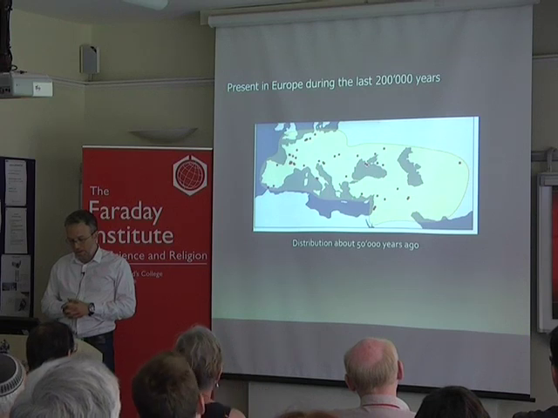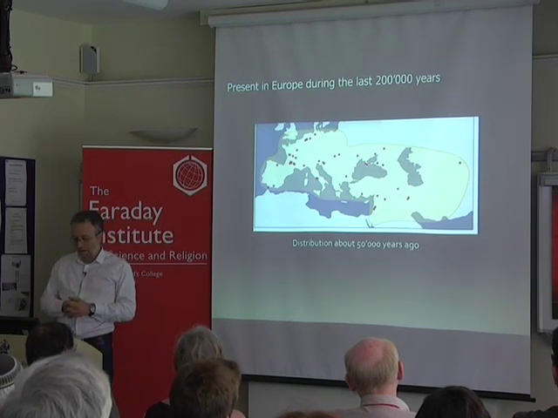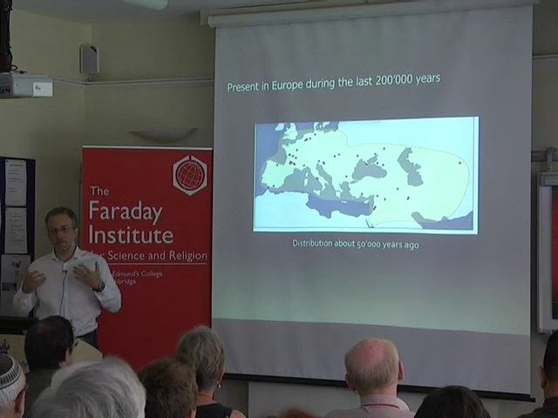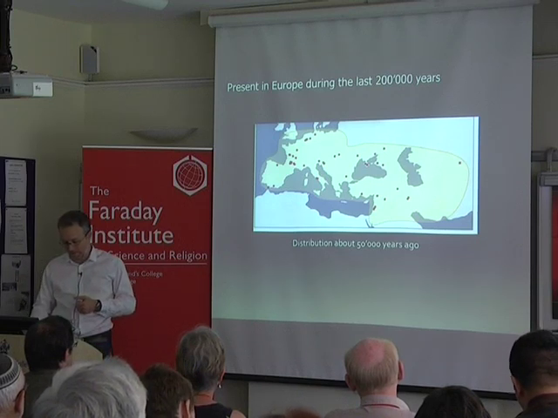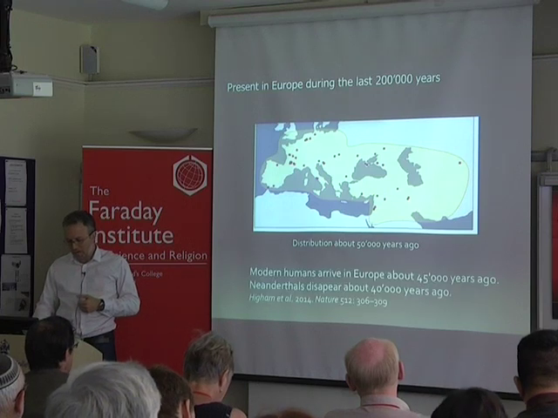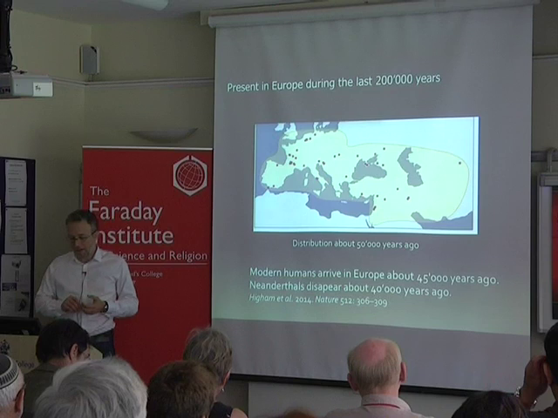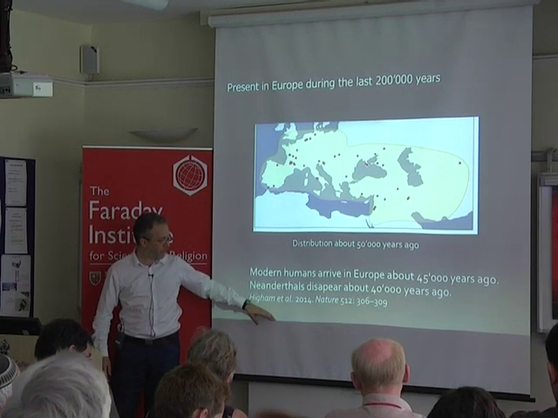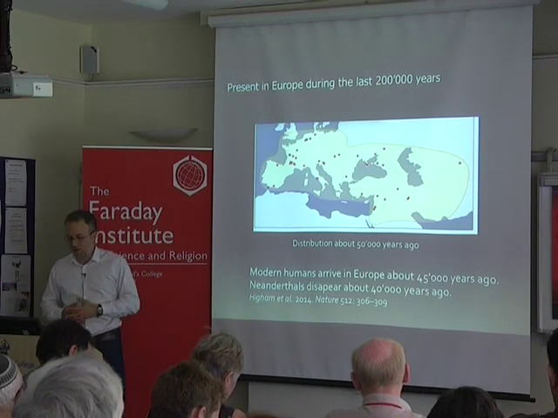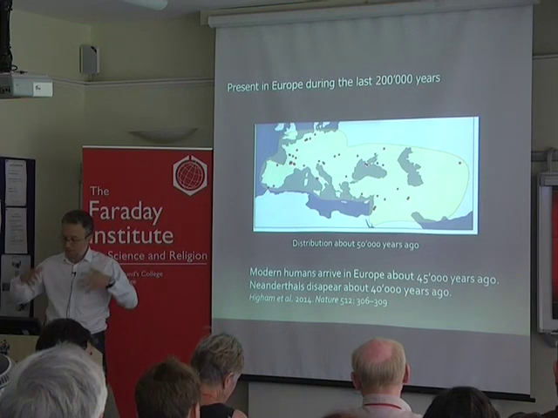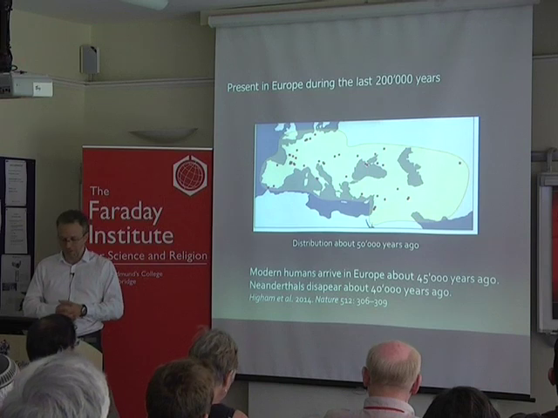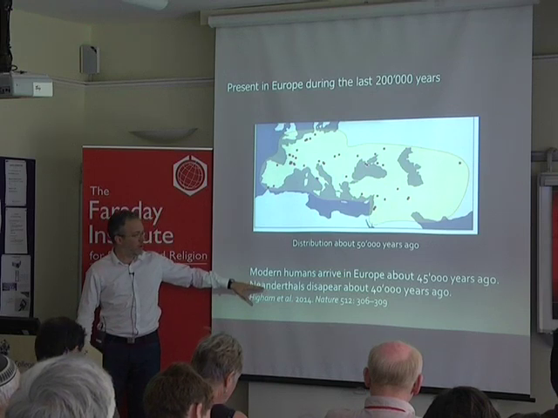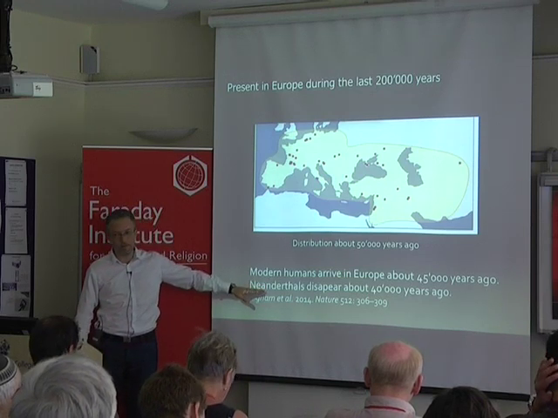And that's the putative distribution of Neanderthals 50,000 years ago, just prior to the entrance of modern humans in Europe. So modern humans arrived in Europe about 45,000 years ago, and that's from a very recent paper published last year that really looked at all the body of evidence from archaeology and genetics, especially on the debated timing at which Neanderthals disappeared from Europe.